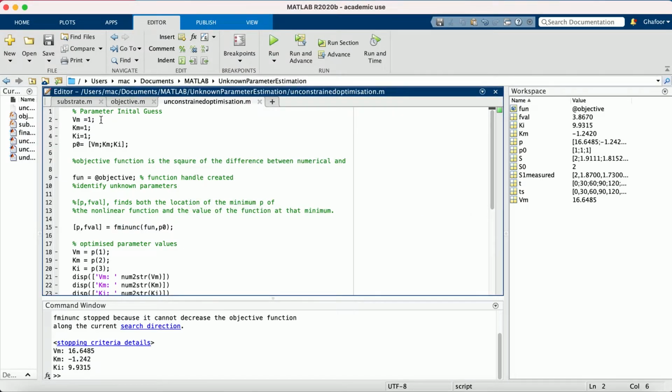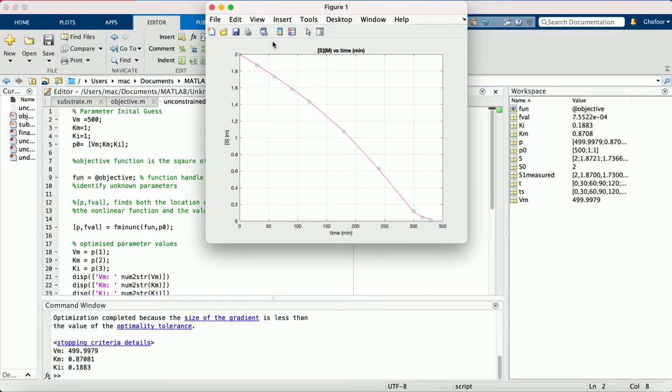So I'm going to change this Vm to something drastic, something like 500, and you can vary these and iterate your way to a better result. When we change this to 500, we can see that our fval is 7.5522 times 10 to the minus 4.